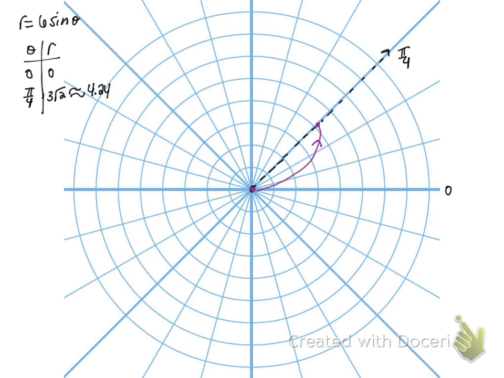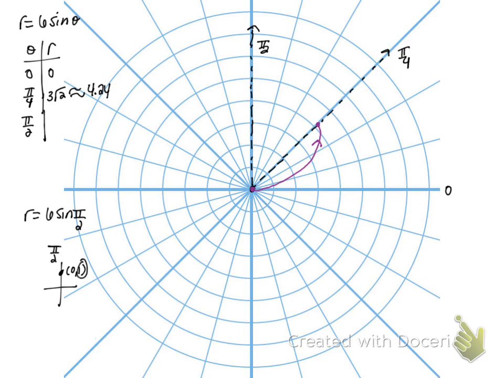Okay, the next thing that looks pretty easy for me to plot, let me get a little closer here, would be pi/2, which we know is right here. And so I'm going to plug that into my equation. So r is equal to 6 times the sine of pi/2. Again, from our unit circle, we know at pi/2 we're looking at the point (0, 1).